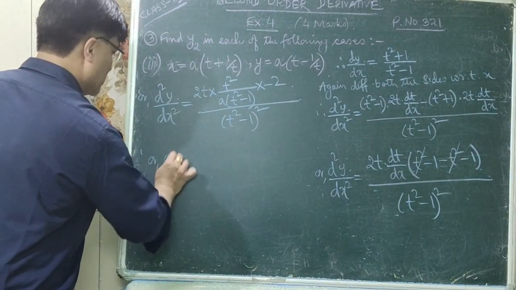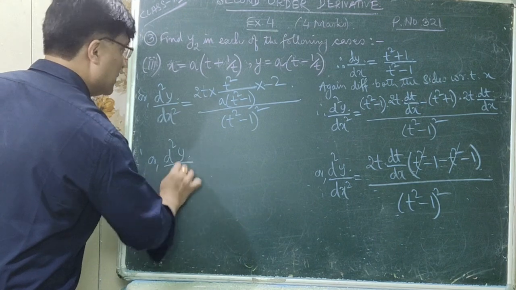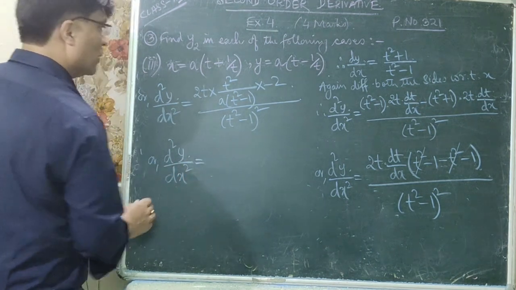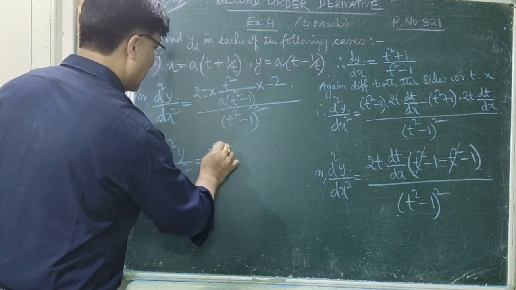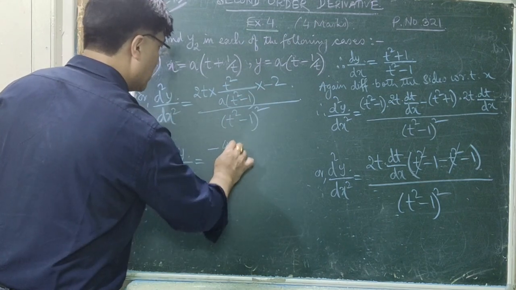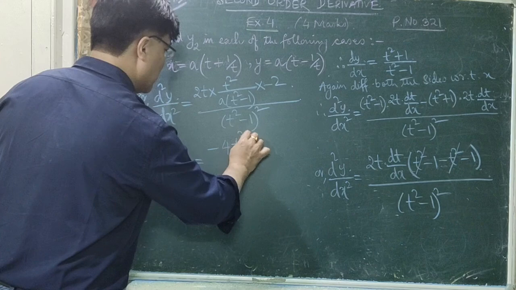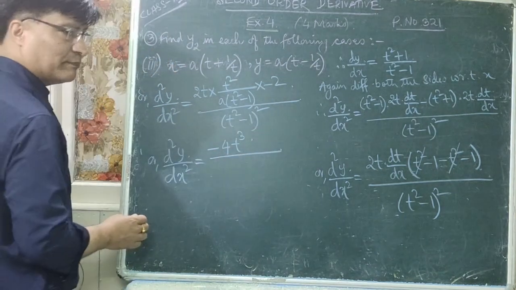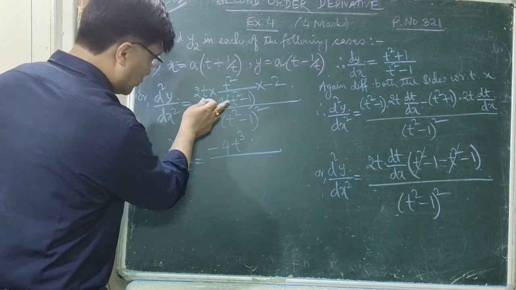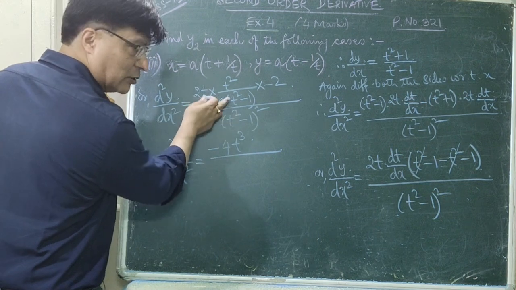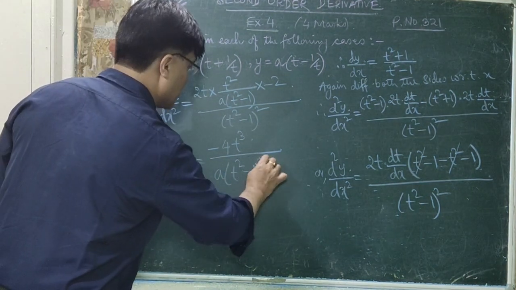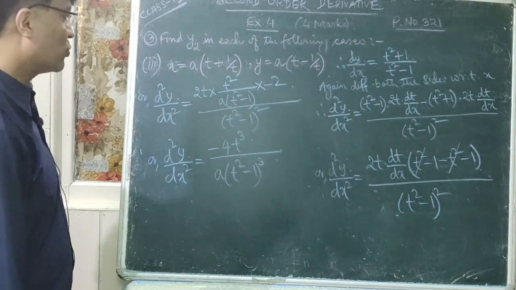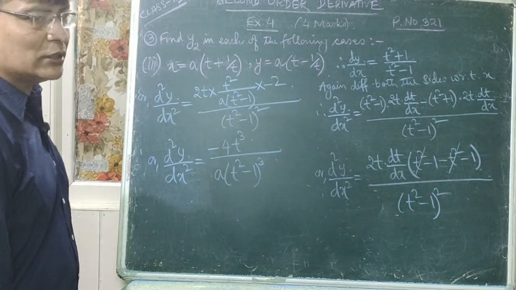So this is your d2y by dx square is equal to, so now this will be in the numerator minus 2, 2s are 4, t into t square is t cube, whole divided by, now these two are in the denominator, you can multiply them, a into t square minus 1 whole cube.